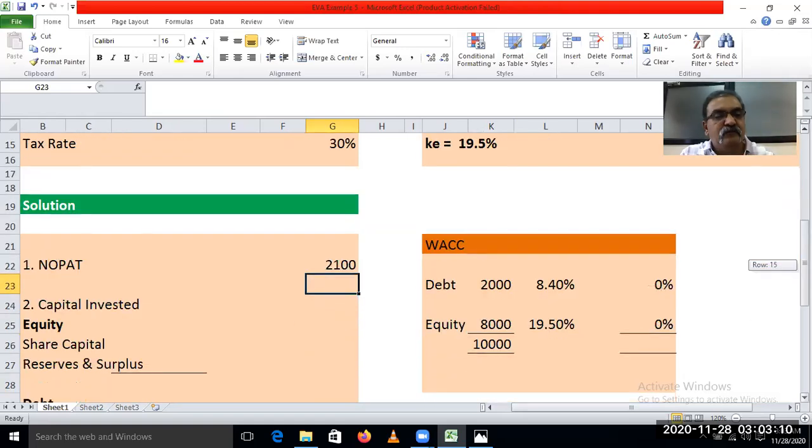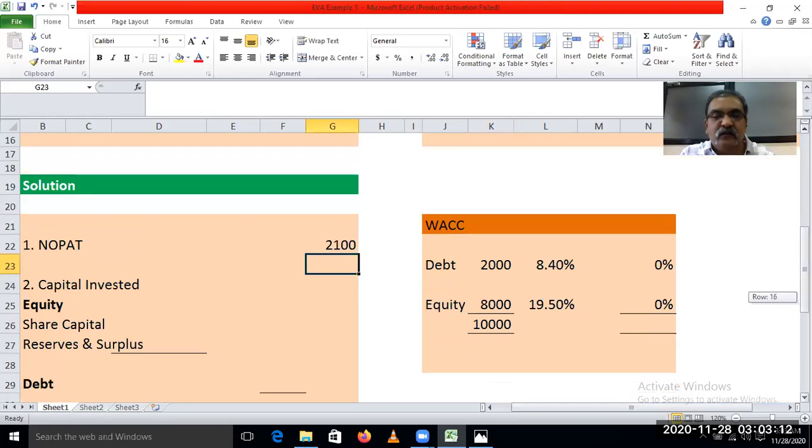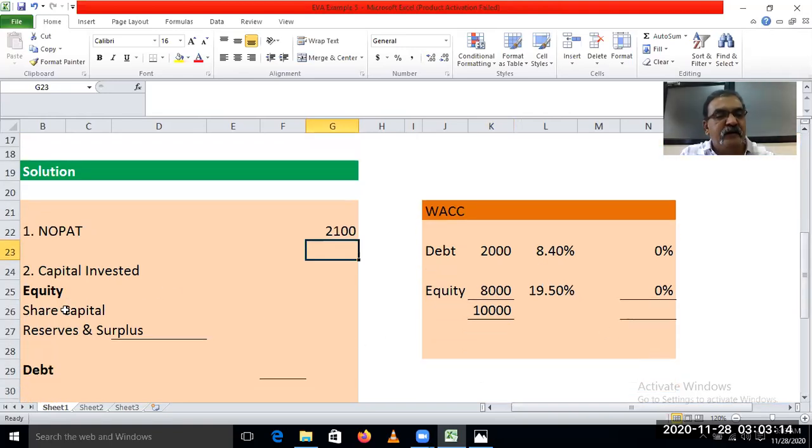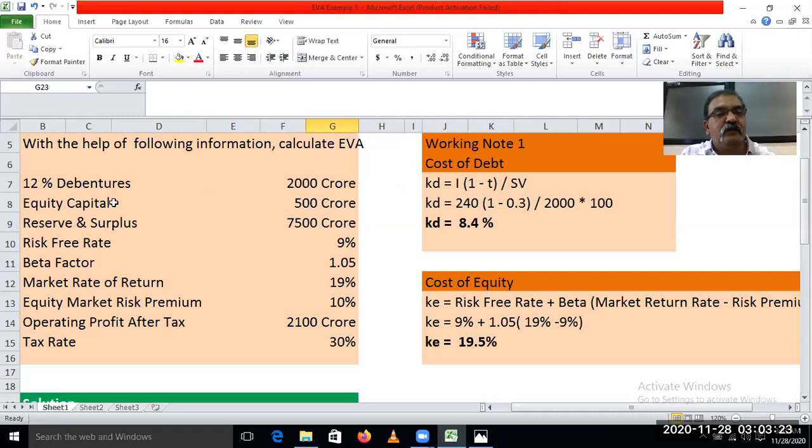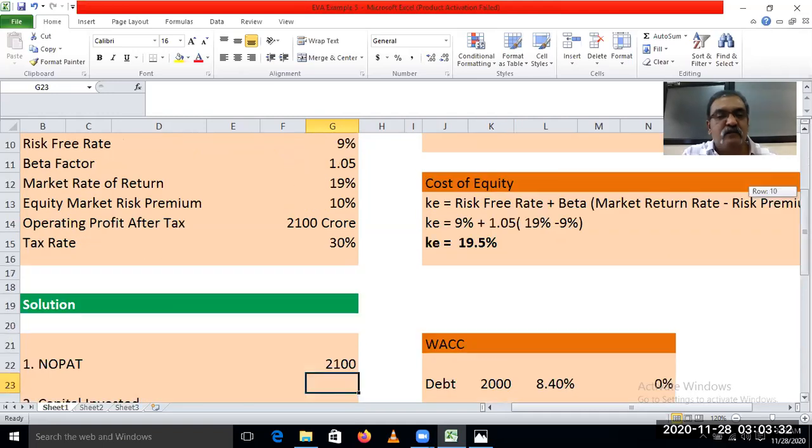Second one is capital invested. That is equal to equity and debt. Equity includes share capital and reserve and surplus. In this example, 12% debentures is given as rupees 2000 crore, which is nothing but the debt, that is long-term borrowed amount.